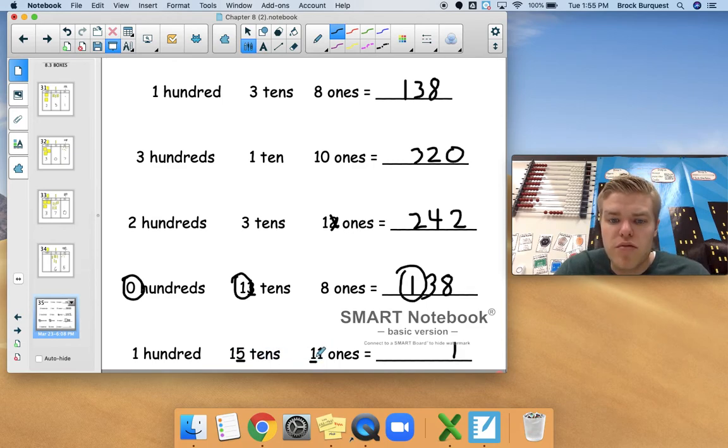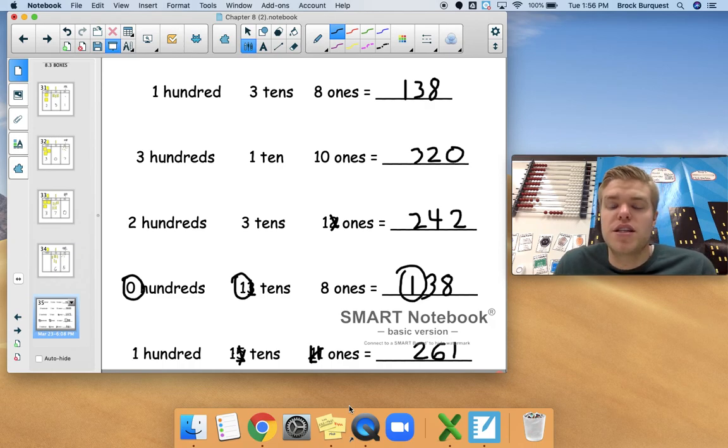What's 5 plus 1? 6. Awesome. Now I already wrote this number, and this number, and this number. What's 1 plus 1? 2. So I'm going to use the 1 from here and the 1 from here to make 261. Okay? And that's all we have today for our place value lesson.